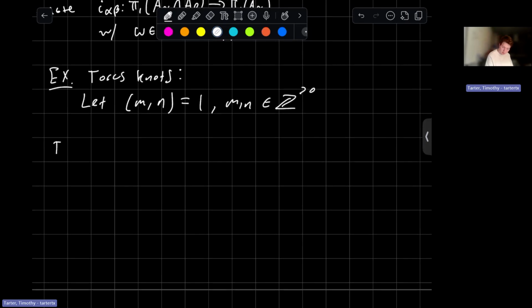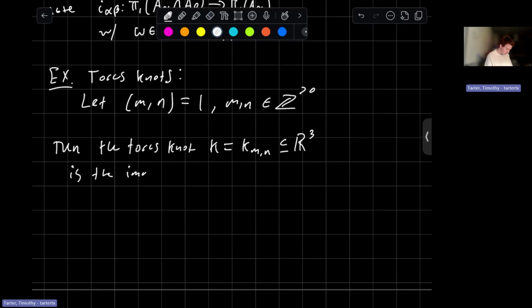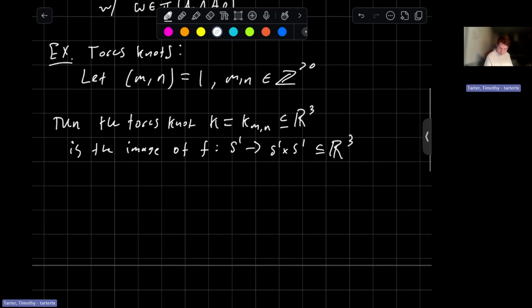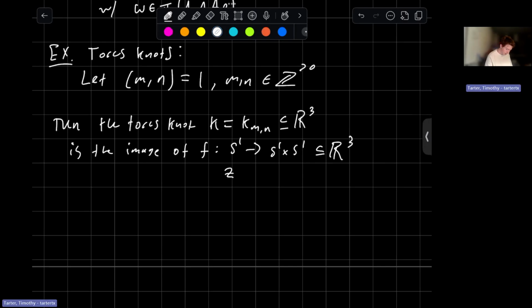Then the torus knot K equals K(m,n) in R3 is the image of the embedding f from S1 to the torus in R3, by z gets mapped to the pair (z^m, z^n).